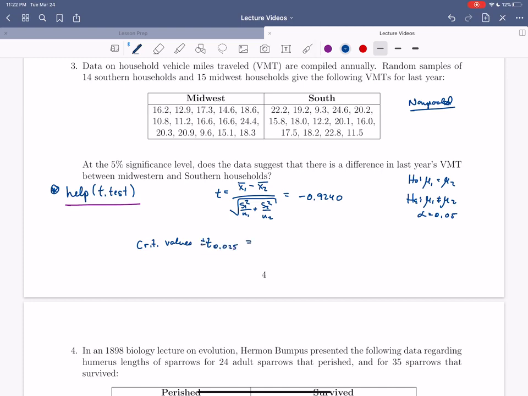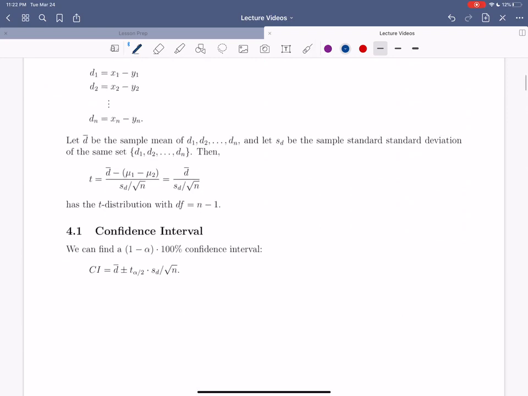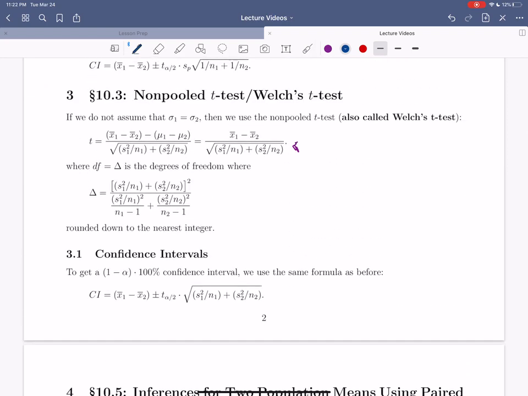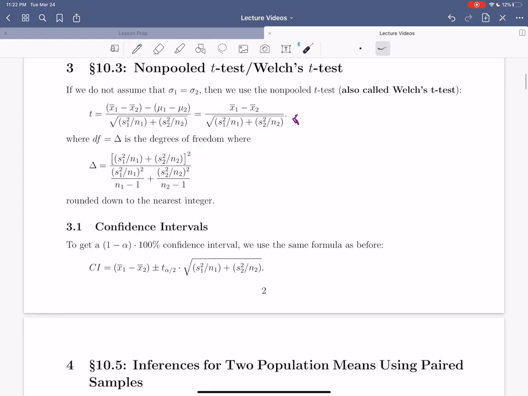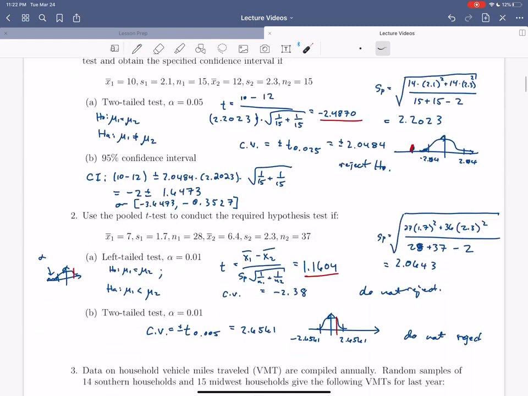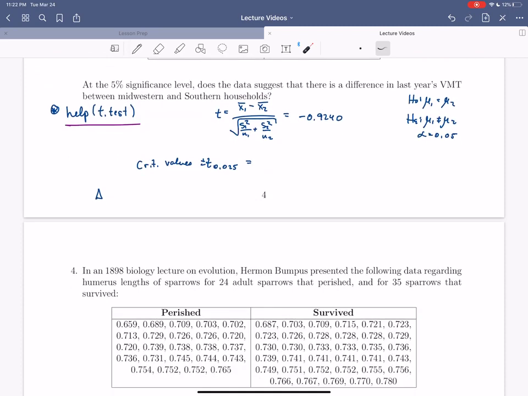But we actually first need to compute the degrees of freedom. And the degrees of freedom, delta, is going to satisfy this crazy looking formula, remember. It's just kind of this ridiculous formula here. And so if you plug in our S1, S2, N1, N2 for our data set, it turns out what we're going to get for delta is 26.344.